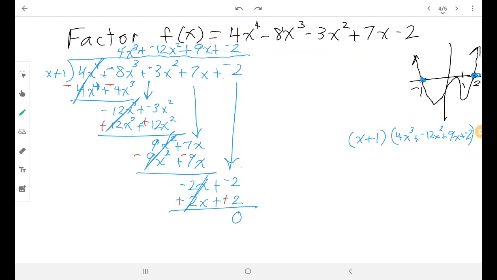Before I erase this particular piece of long division because I have to do it again, are there any questions? I'll give you a chance to really look at it.